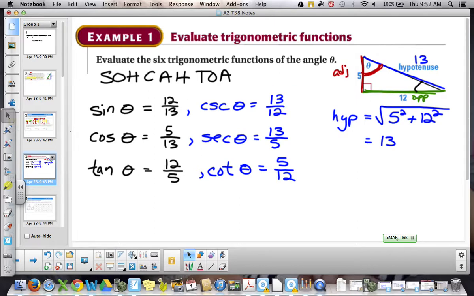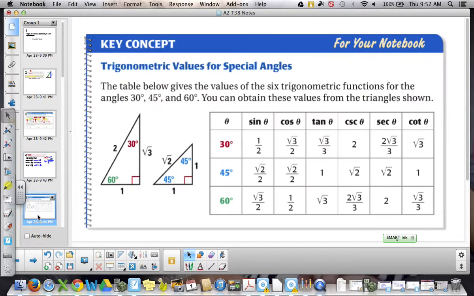Now, some angles are special, and we need to just memorize these trig functions for these 3 angles: 30 degrees, 45 degrees, and 60 degrees. Now, why these? Well, a 30, 60, 90 triangle is going to be exactly half of an equilateral triangle, and a 45, 45, 90 triangle is going to be exactly half of a square.